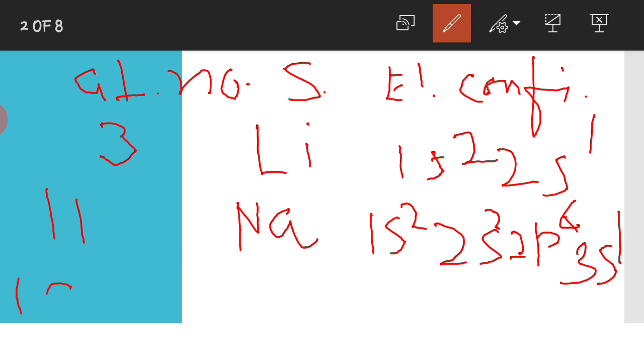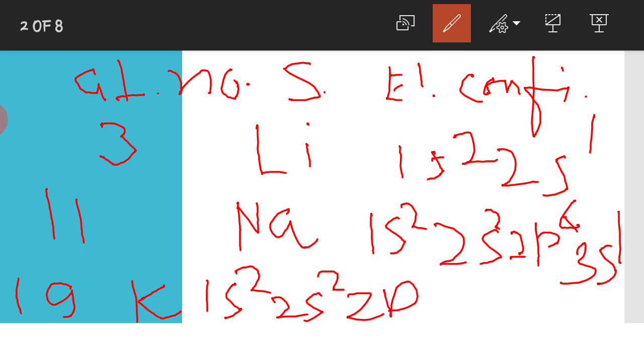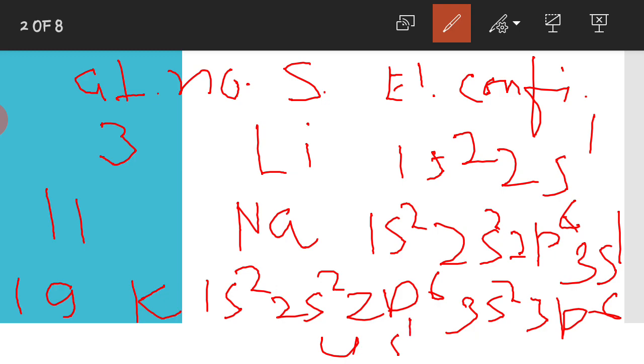And atomic number 19, symbol K, and electronic configuration 1s2, 2s2, 2p6, 3s2, 3p6, 4s1 respectively.